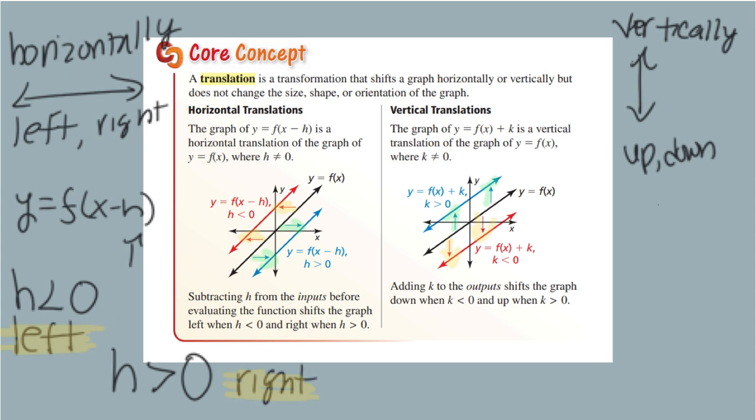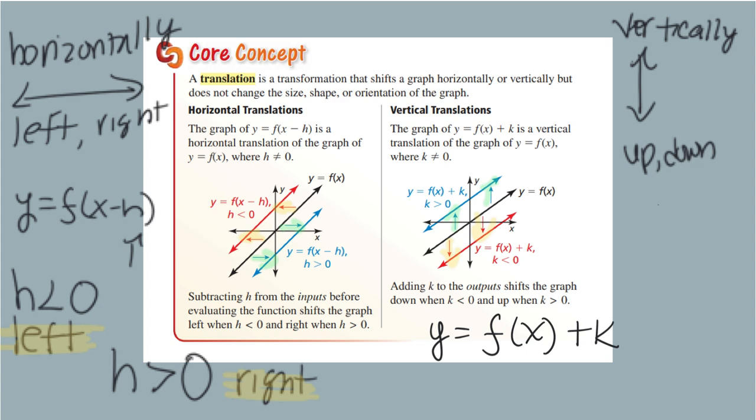Vertically, y equals f of x plus k. So what's happening with k here, with our x and k? We're adding k to the outputs. Remember our outputs. Outputs are what? Our y's, correct?